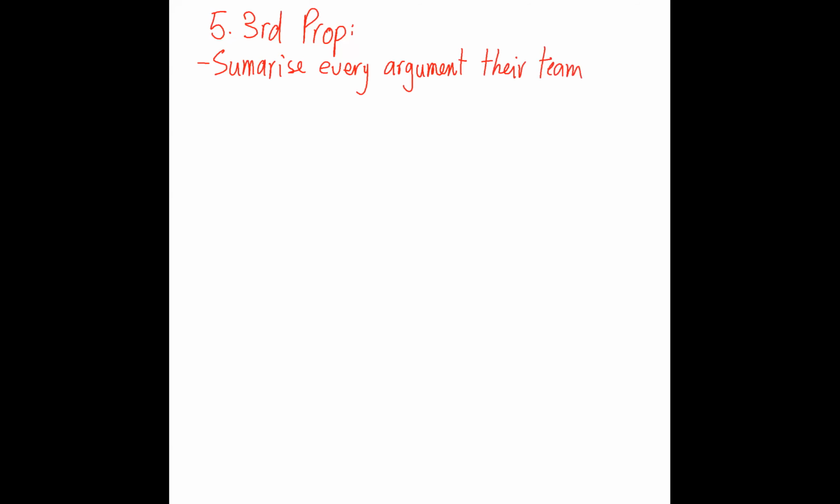Let's finish up with number 5, third proposition speaker. So the third proposition speaker has 2 important jobs, or 3 important jobs actually. The first is they need to summarize everything or every argument their team has made.